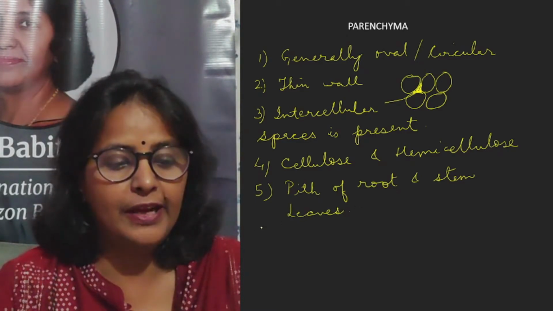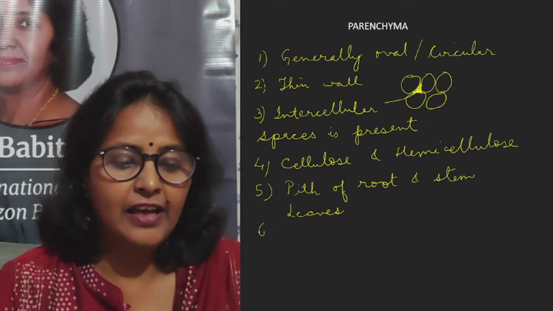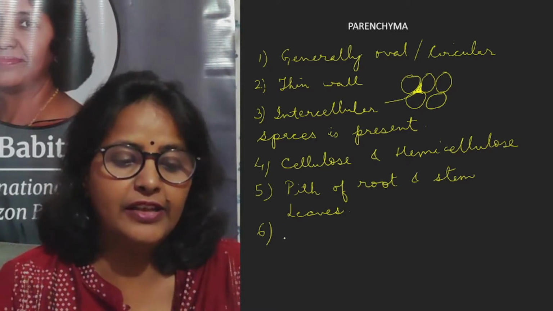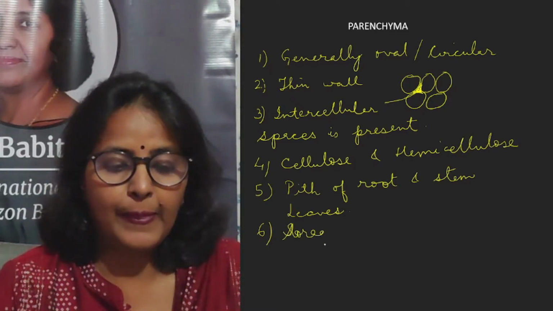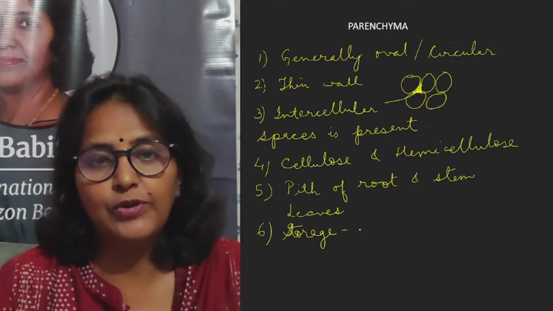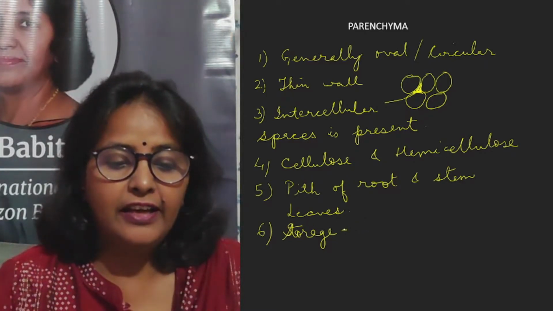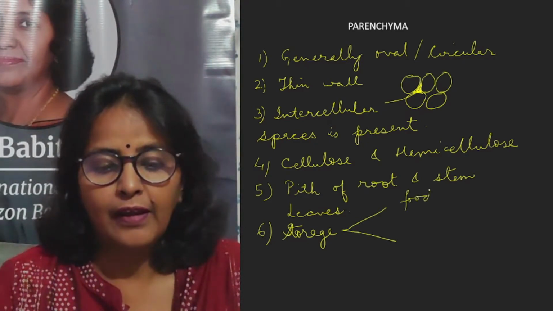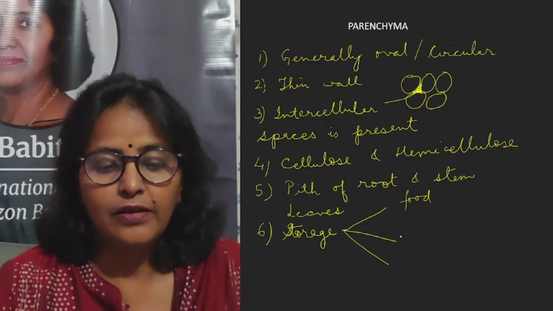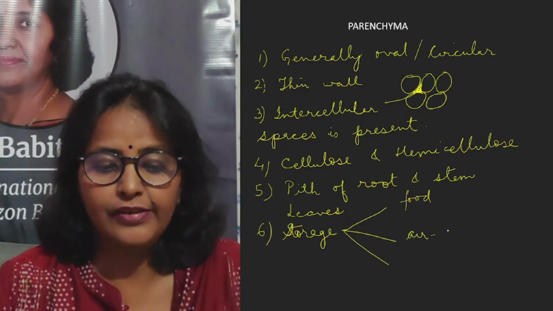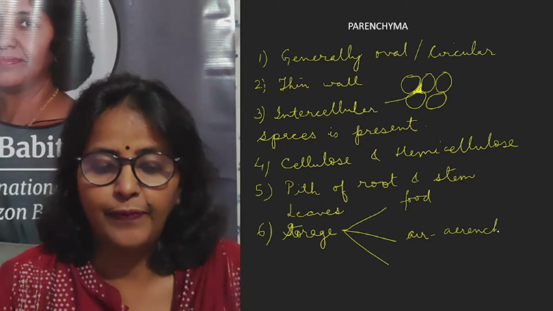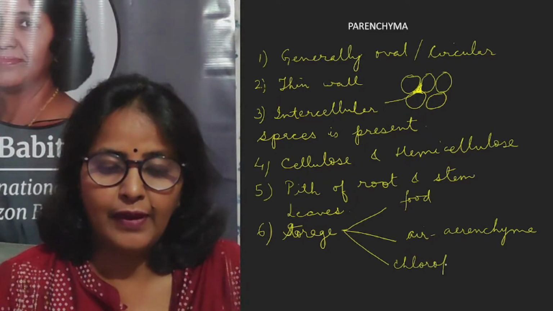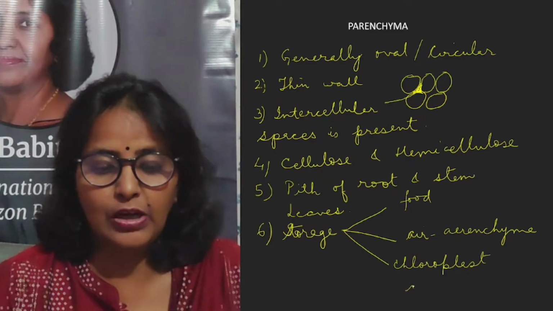We have two different types of parenchyma in case of leaves. The main function of parenchyma is storage, and it helps to store different things. It stores food, stores air where it is known as aerenchyma, stores chloroplast where it is known as chlorenchyma.